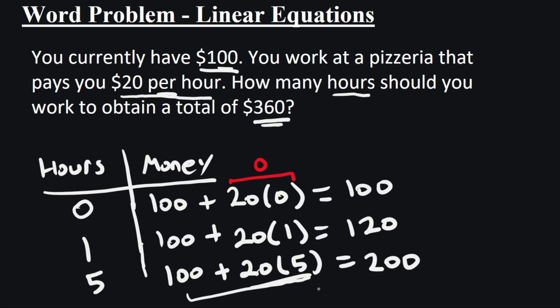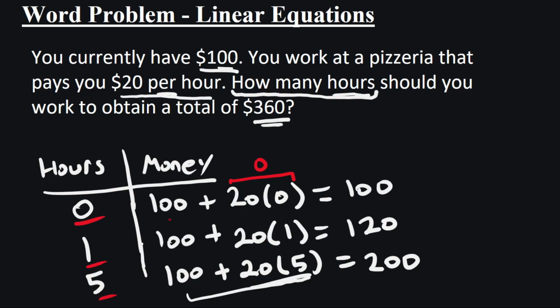But there is a more mathematical approach to find out how many hours we should work. So let's go back to the question. The question asks how many hours? So the answer to this question is the number of hours. That's what we're looking for. We're effectively looking for how many hours until we get to $360.